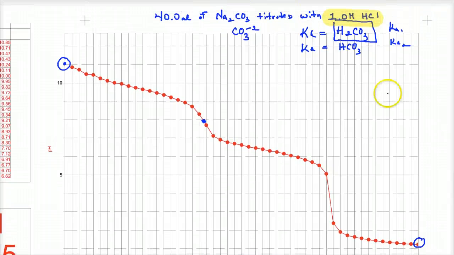Now, what actually happened at this position of 19 and a half? It's important you start writing the predominant reactions. Well, we had CO3 negative 2 accepting a proton from the acid to make the bicarb ion, and we were making that happen.